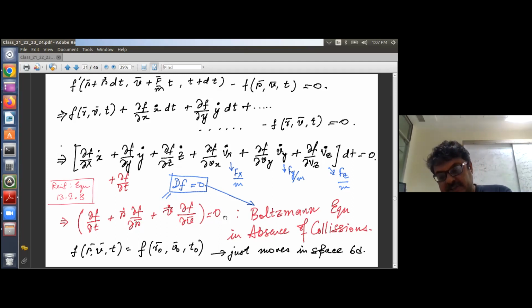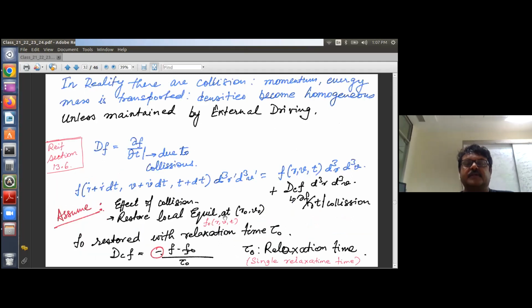equilibrium distribution function. So in reality there are collisions, momentum, energy and mass are transported, and due to collisions, densities become homogeneous unless maintained by an external driving.